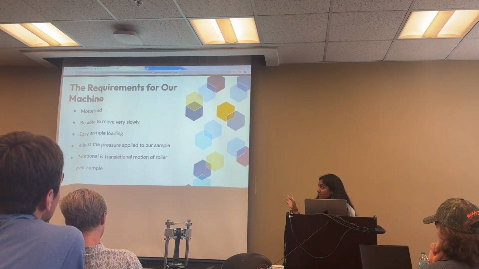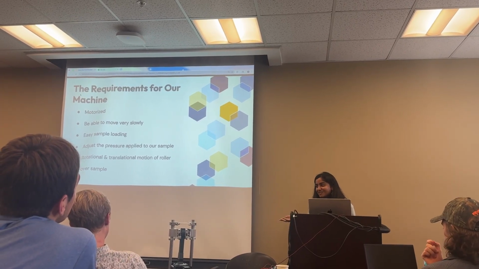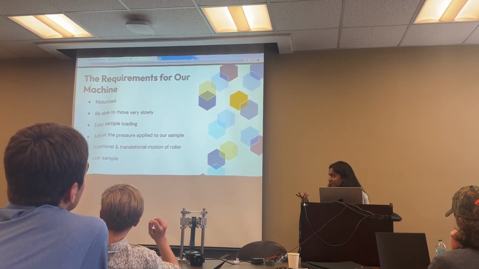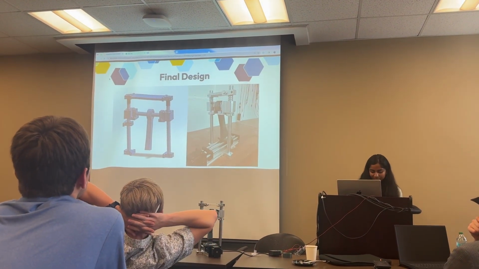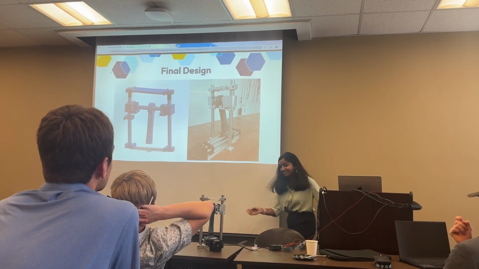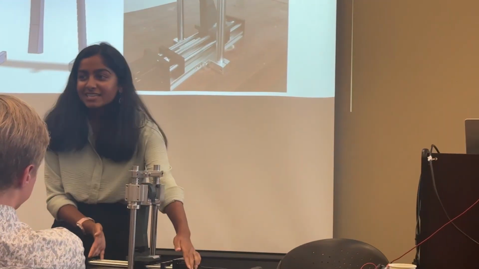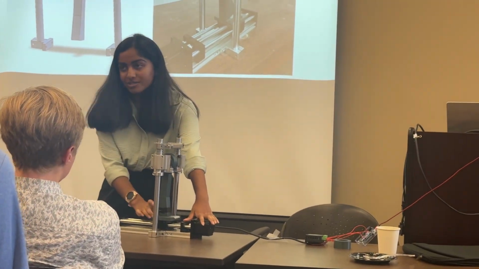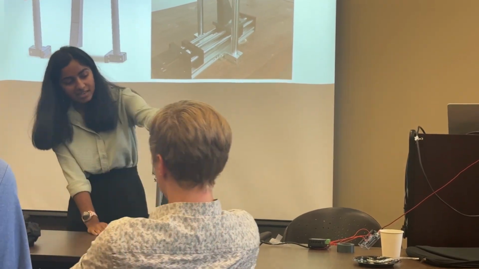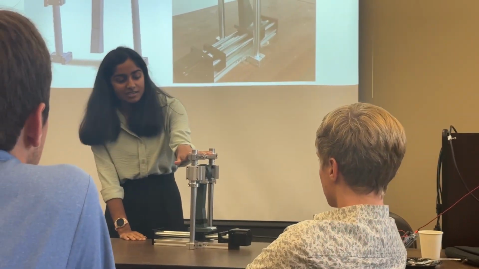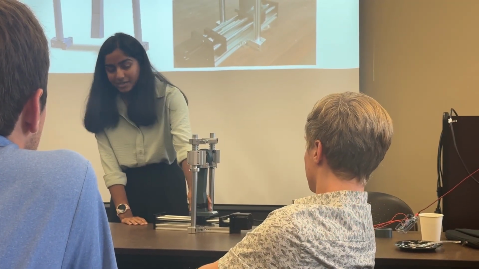So with these design ideas in mind, we went through a lot of iterations in SolidWorks designing different versions of this machine, and we ended up landing on this one. So you can see here that we have this base motorized, so that way we can control that horizontal movement of our sample. We have these springs here and the ceiling, which can be lowered down so that we can adjust the force that we're applying down through this roller onto our sample.